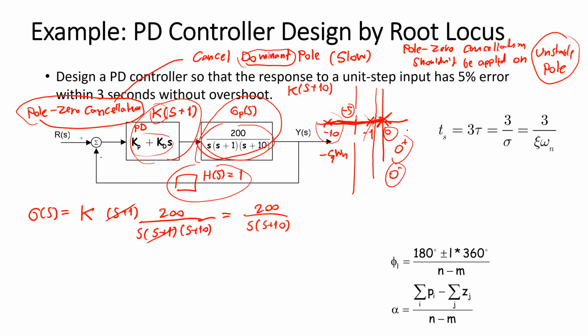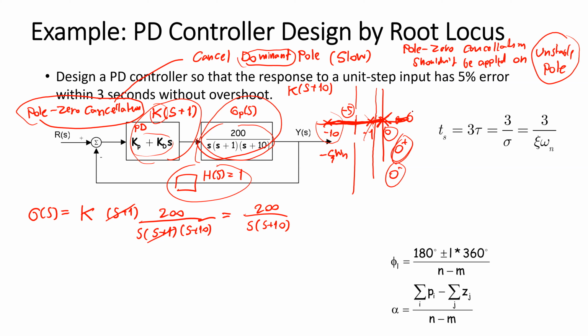But if you have 0 plus, you cannot totally cancel it because in the controller, you model the controller by exact 0, but in the actual system it's the 0 plus, you still leave some component of the locus on the unstable region, which is very dangerous.